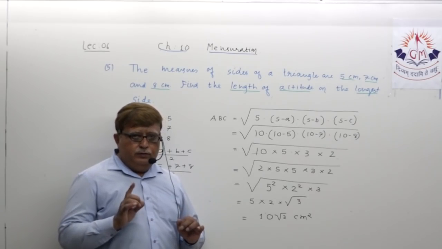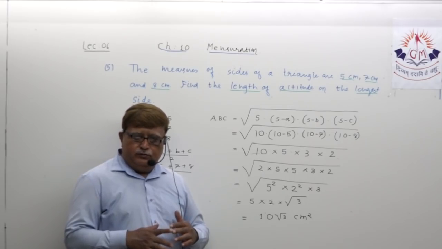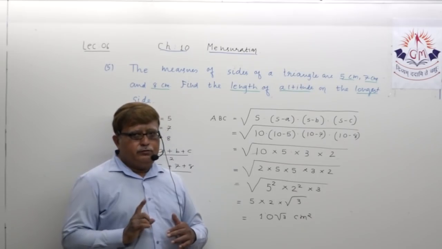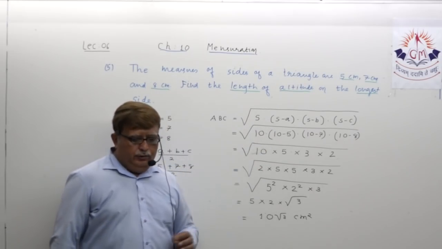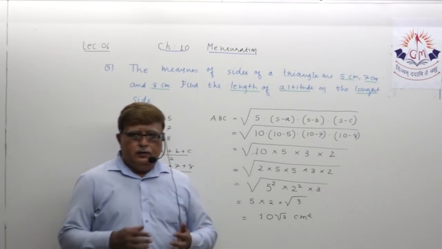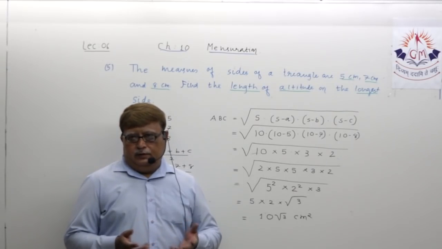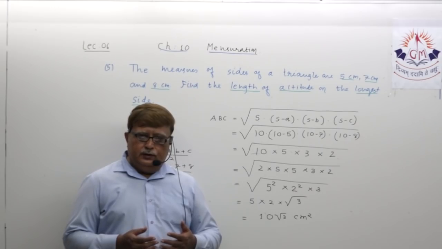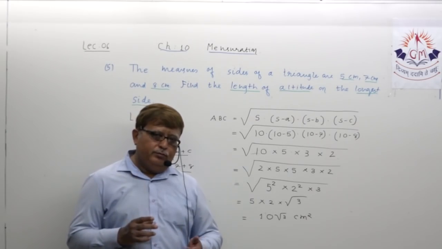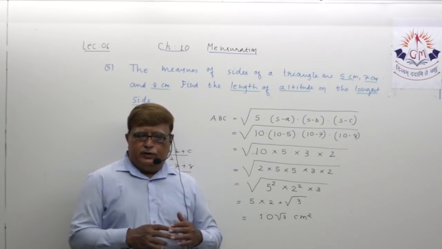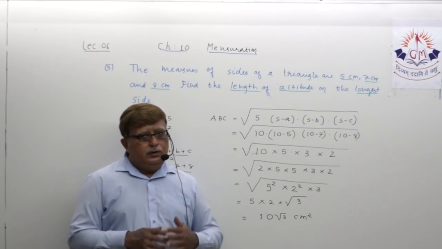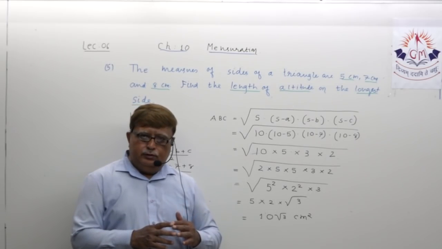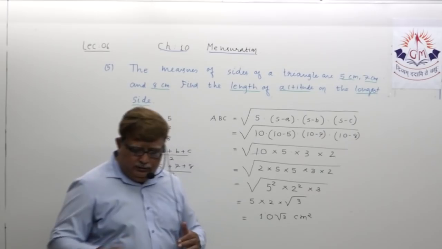But we understood one thing, and that has to stimulate in your mind that you have to find the altitude of the triangle. That means what? Because you want to find altitude, you know the basic formula: area of triangle equals half into altitude into base. Understand?